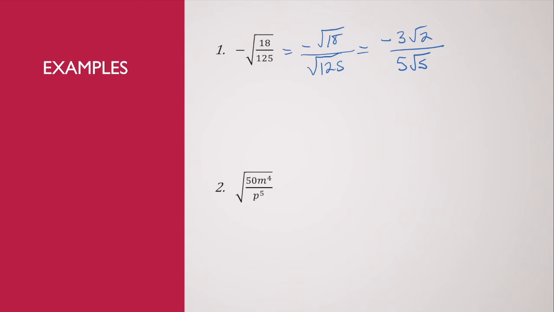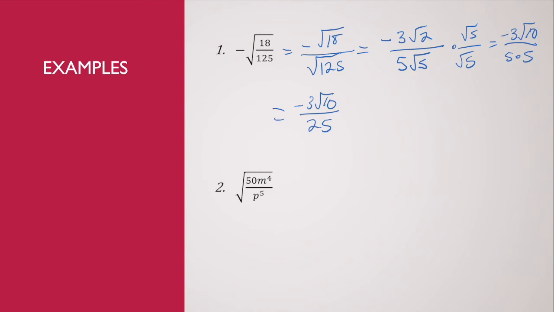I'm going to go ahead and multiply in the numerator and the denominator by the square root of 5. And that'll give me negative 3 square root of 10 over 5 times 5, which is negative 3 square root of 10 over 25, and I cannot simplify that any further.